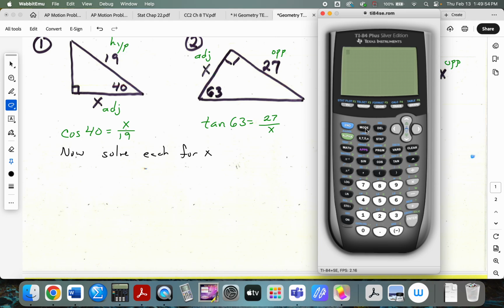All right, so right there where it says mode, you just keep pressing, and yours is already in degrees. Okay. So you're good. As long as it has that big D there, you're in good shape. Any others? Okay.